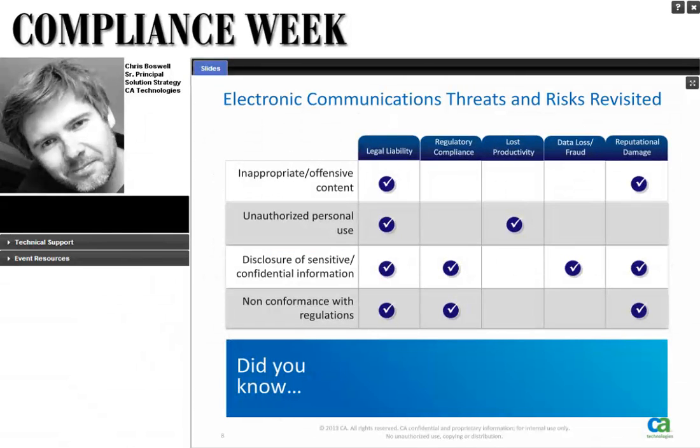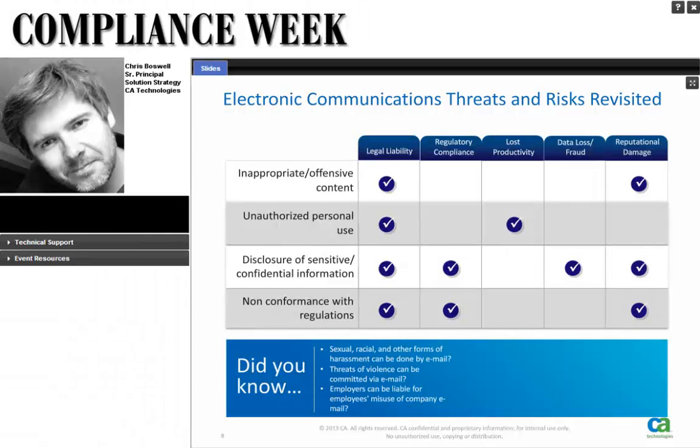We recap that, from an internal threat perspective, there are 4 primary threat vectors that you're worried about with electronic communications. But those threats can materialize in different types of risk. So, for example, inappropriate or offensive content can wind you up in legal trouble, and it can also cause reputational damage.